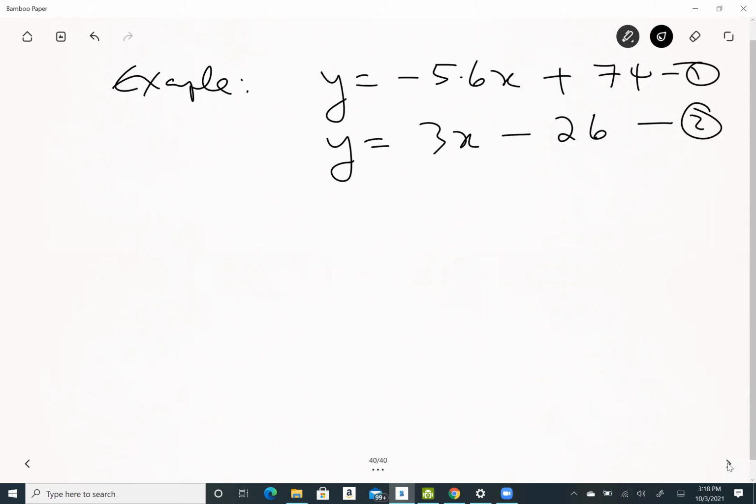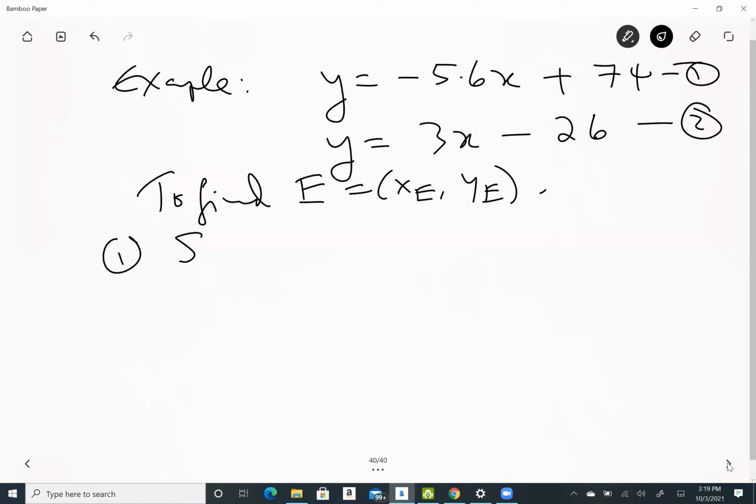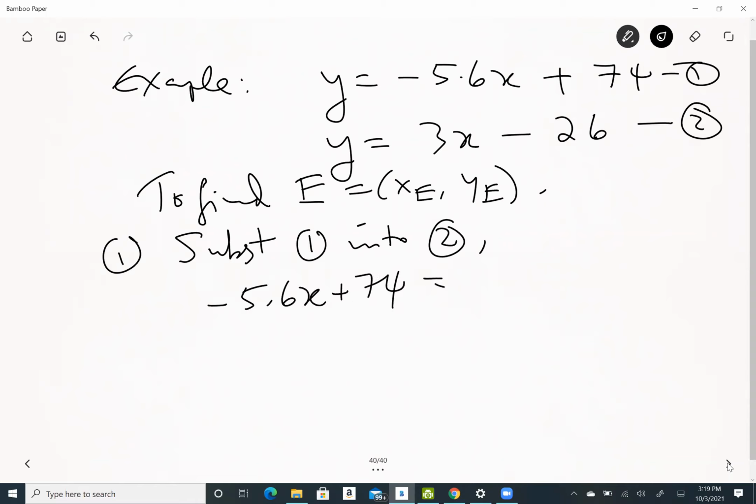So to find the E, equal to XE, YE, we do substitution. Substitute 1 into 2 or 2 into 1, same thing. Then what you have will be negative 5.6x plus 74 equal to 3x minus 26. Okay, finish it up. Get me the x.